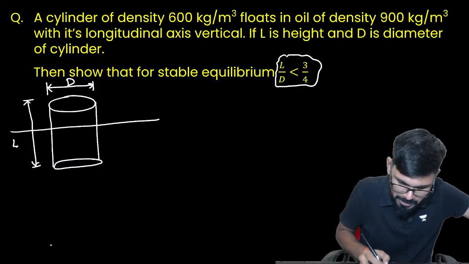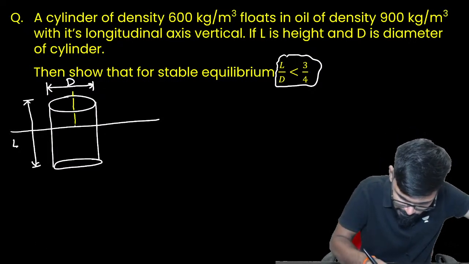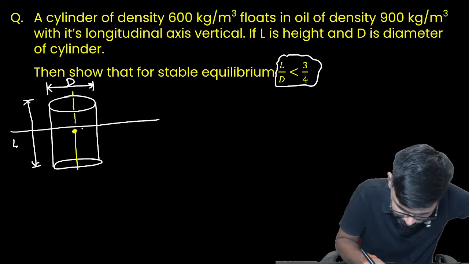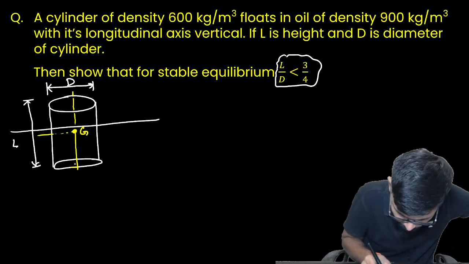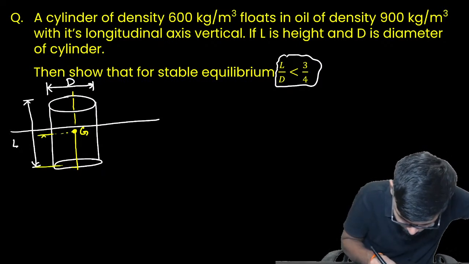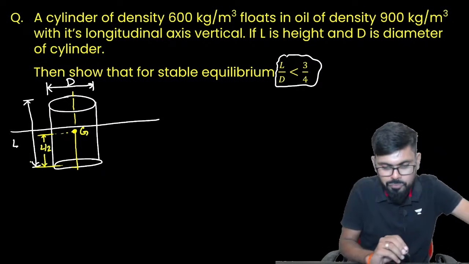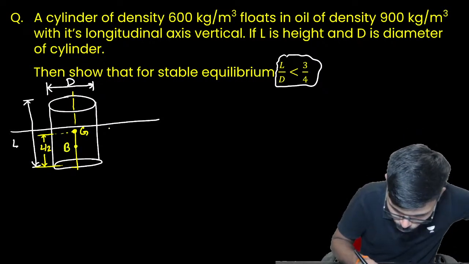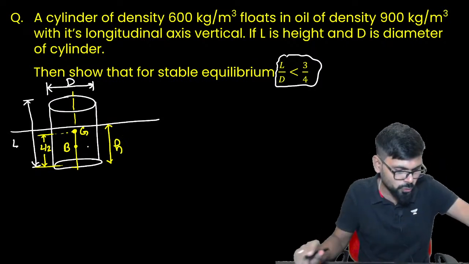So G will obviously come at the center of this body. Let's say the center is somewhere here. So this is basically G. It will come at L by 2. Now we have to locate B. So this is, let's say, H. It will come at H by 2.